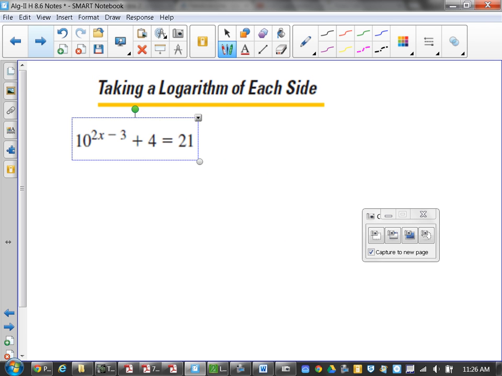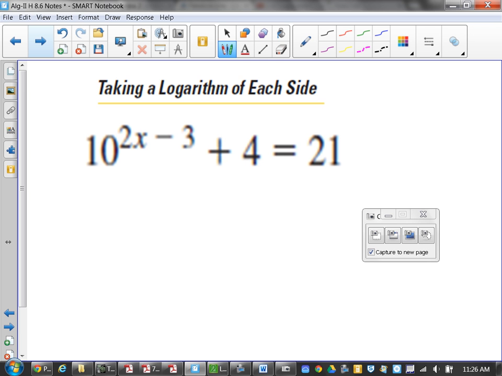Let's make it a little more complex. We've got 10 to the 2x minus 3, plus 4 equals 21. You have to solve for x, which means multiple steps. What do you think the first thing you're going to do is? Subtract the 4. That equals 17.